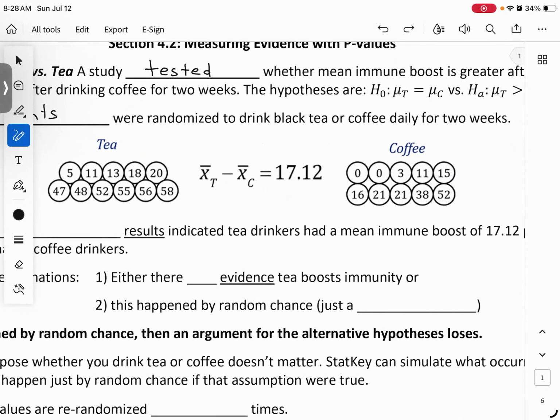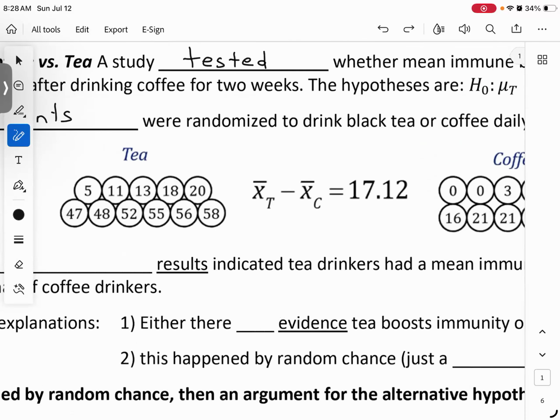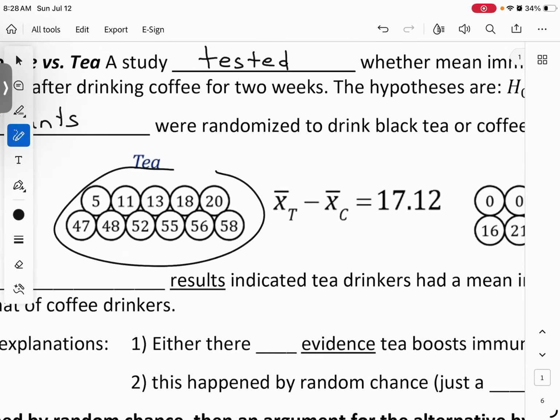Now, this was to see who had a greater average boost in their immunity. And what ended up happening was tea was better by about 17.12 points. One thing I did do was also calculate the average for each, just to give us another snapshot of what happened.